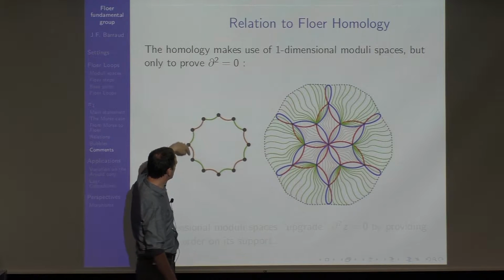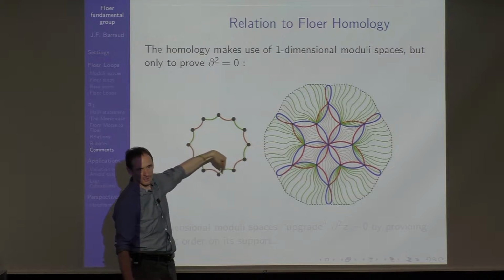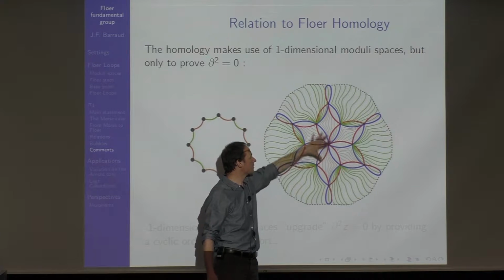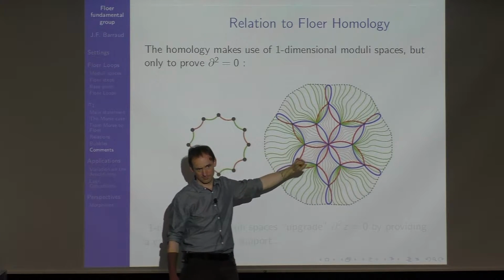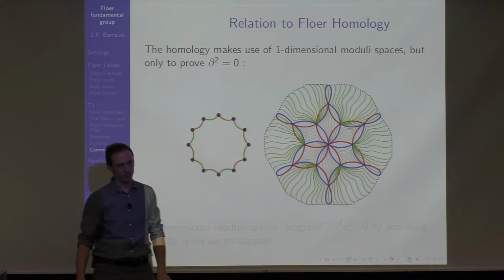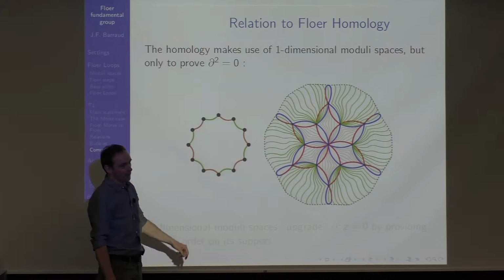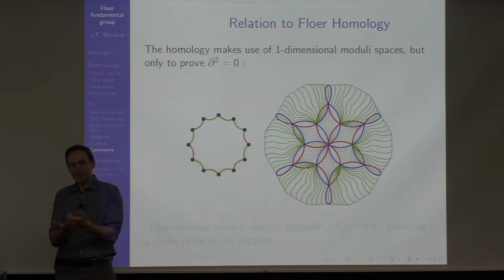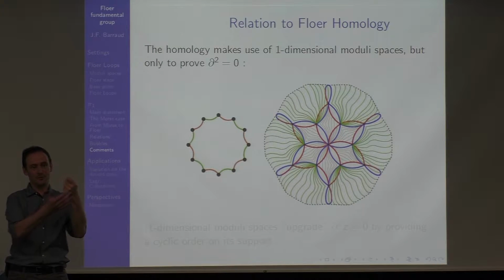And what you get is a cyclic order on all the points that are below z, from the Morse point of view. And this cyclic order is exactly the extra information you need to go from homology to homotopy.